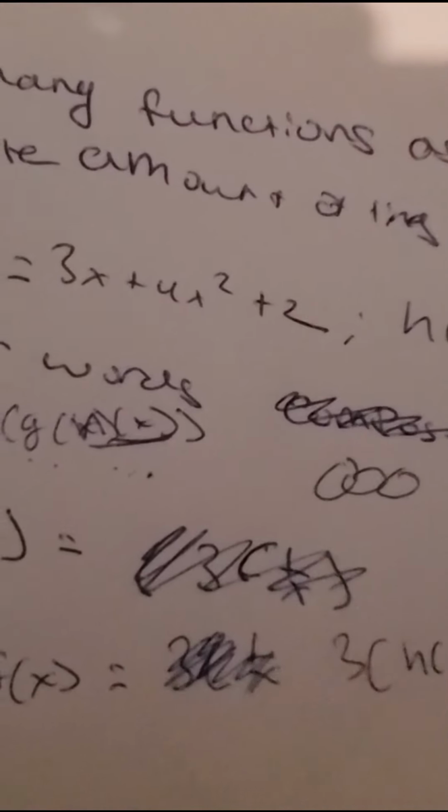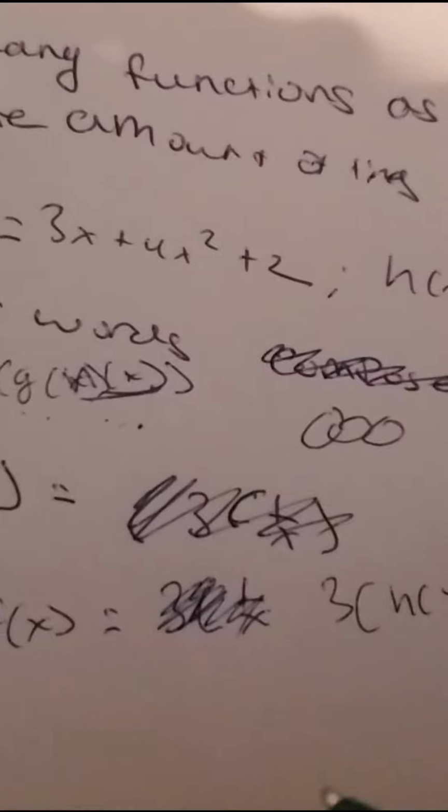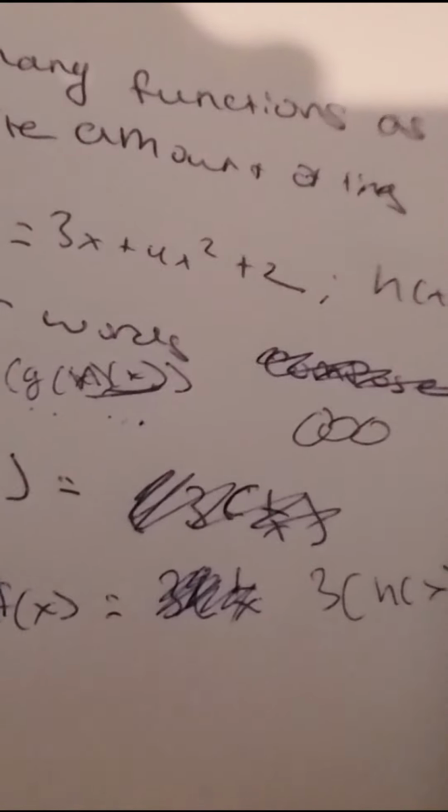Sorry, that should be h of x. So pretty much what we're going to do is put h of x into each value of x for the g of x.